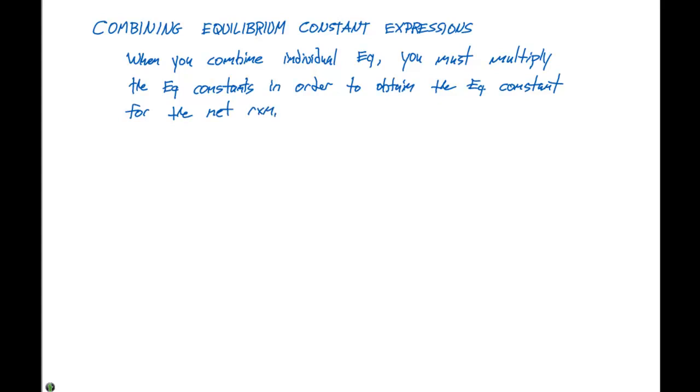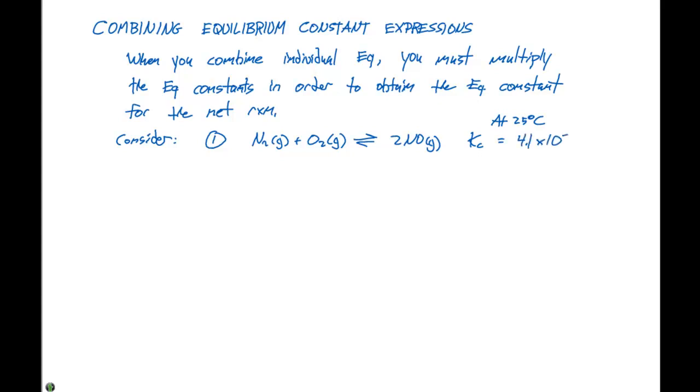So let's consider the following. We have two steps here. The first is N2 gas plus O2 gas in equilibrium with 2NO gas. The Kc at 25 degrees Celsius for this is 4.1 times 10 to the minus 31.